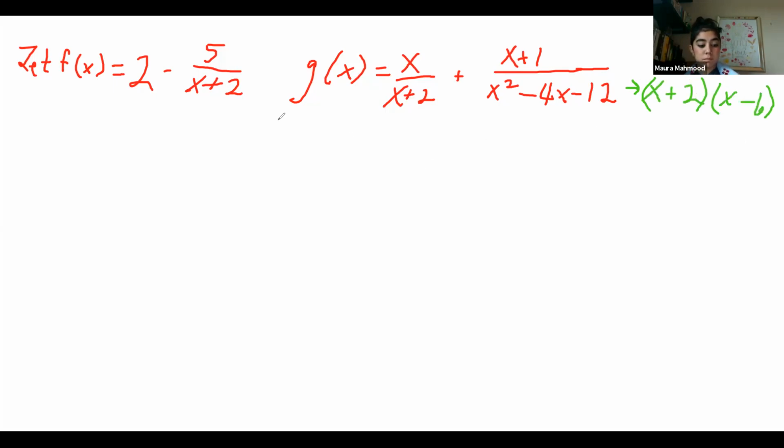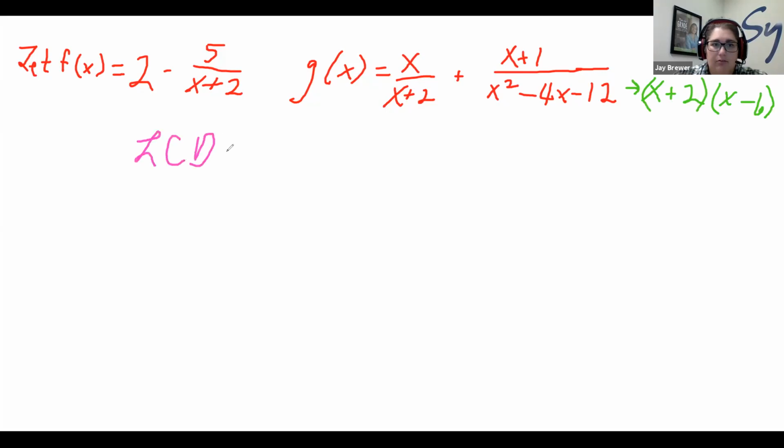Okay. Now, if we're looking for the LCD, remember we want to find an LCD that is common for all the denominators. What's really nice about this one is, what's your denominator for 2? 1.